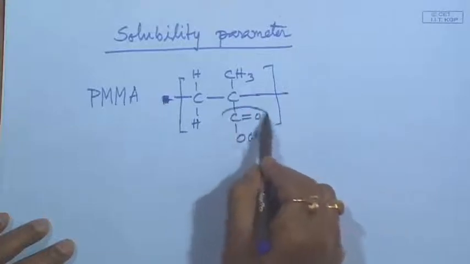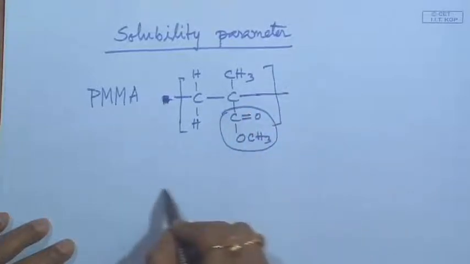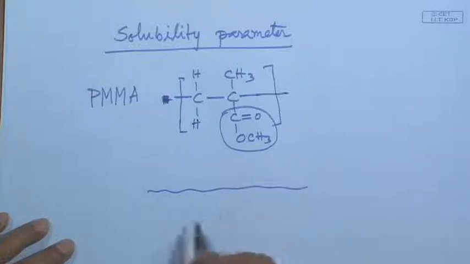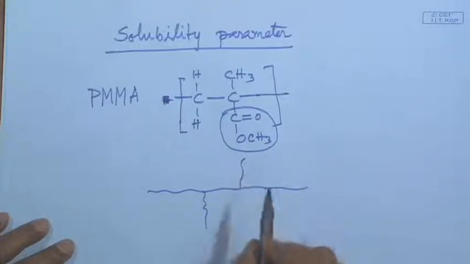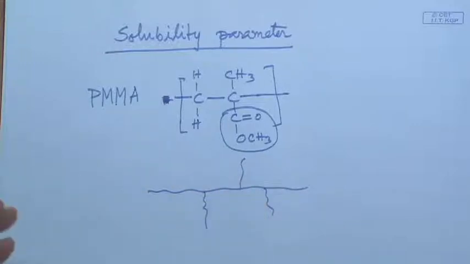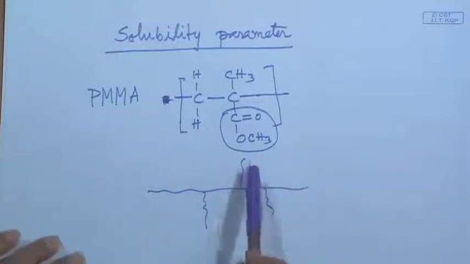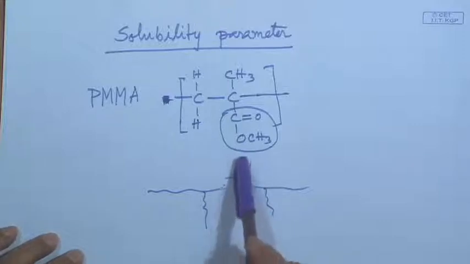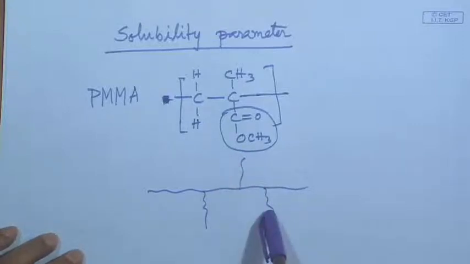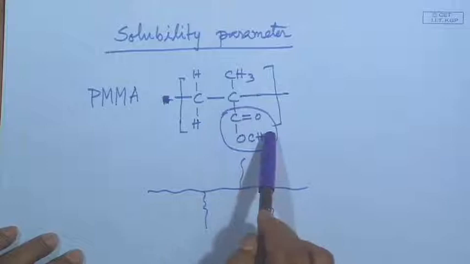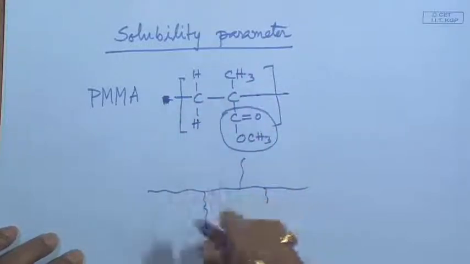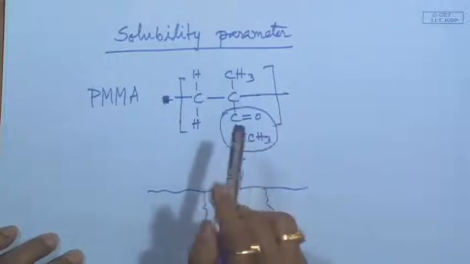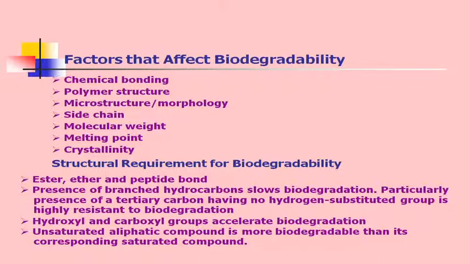This is a substituent, or you can say side chain, or a polymer can have a side chain or branch like this. So, whether the polymer contains a side chain or not, and whether the side chain is polar or non-polar in nature, this is a polar side chain, this is a non-polar side chain or side group, etc. That also influences biodegradation or degradation by microorganisms.